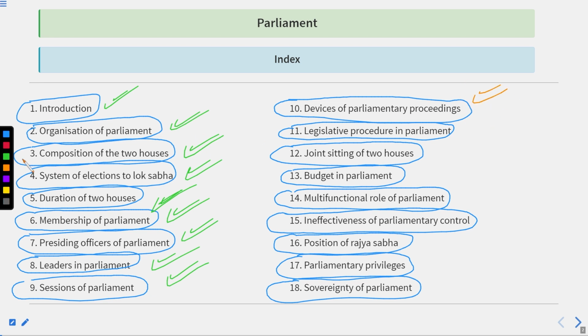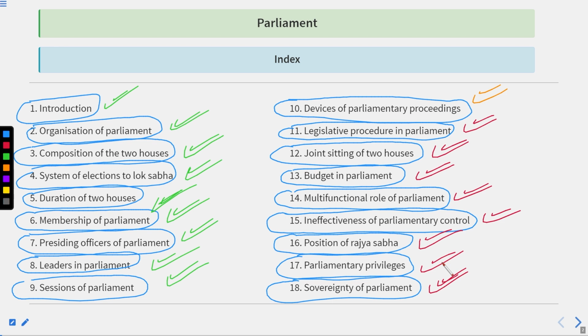The remaining topics are legislative procedure, joint sitting of two houses, budget in parliament, multifunctional role of parliament, ineffectiveness of parliamentary control, the position of Rajya Sabha, parliamentary privileges, and the sovereignty of parliament. So that is the picture we have created so far.